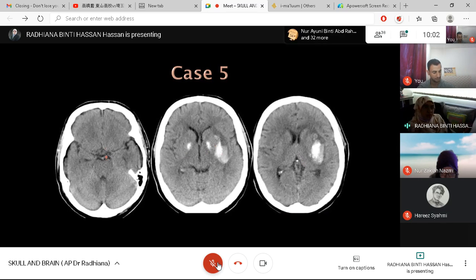Yeah, so if you give contrast, I expect to see the blood vessels here: the basilar artery here, the posterior cerebral artery here, the middle cerebral artery here. At least I can see part of the vessels. Okay, go on.